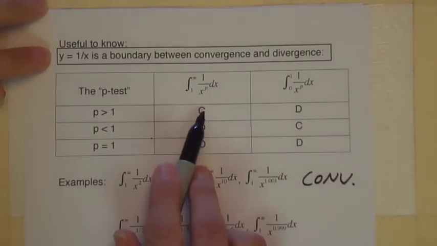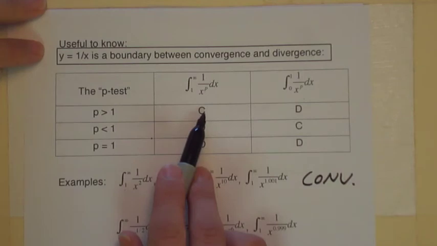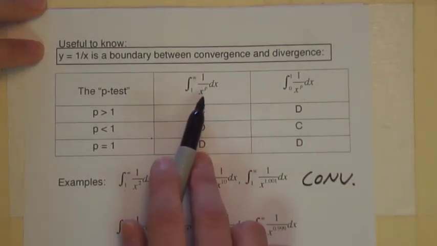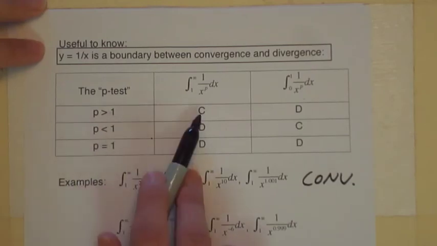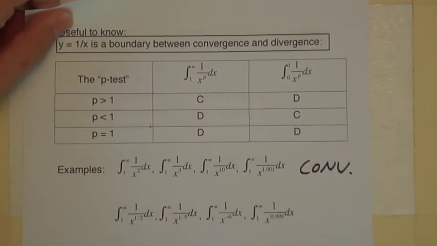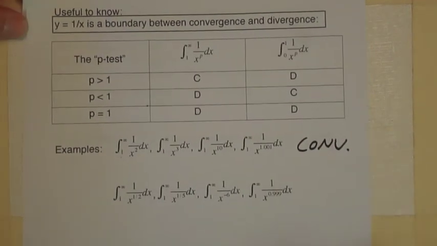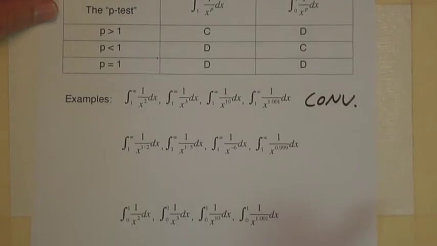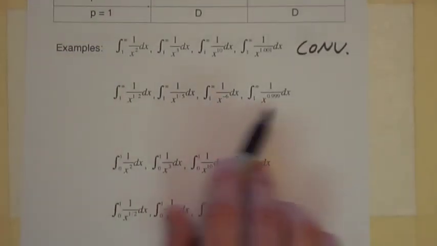And that's this C in the box indicating that if you have the area from 1 to infinity of 1 over x to the p, and p is greater than 1, it always converges. This can of course be proven, but I'm not going to do that. You can look it up in your textbook or on the internet for a proof of why this is true.